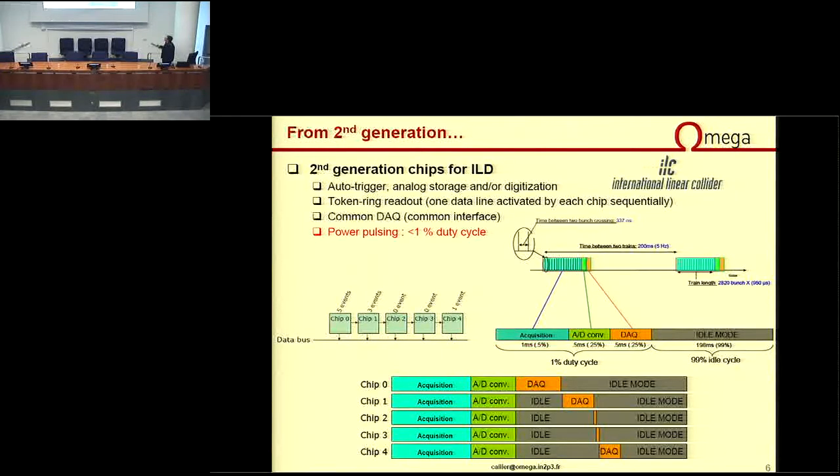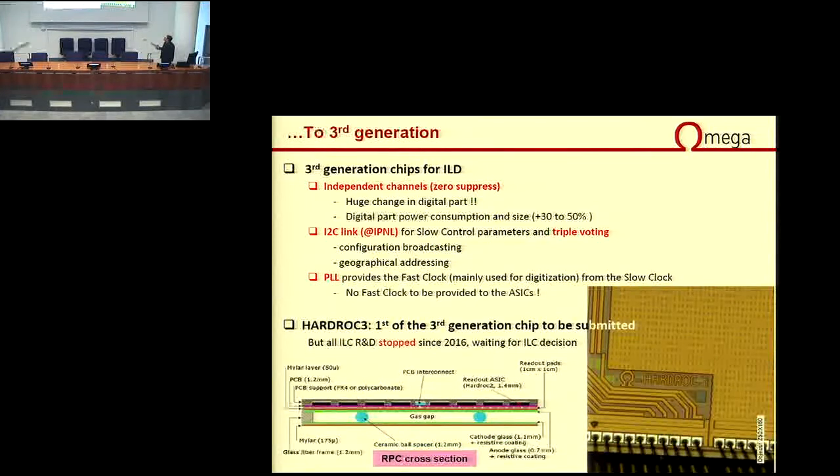And they have a common DAQ. If you have a DAQ for HARDROC, you can read out SKIROC or SPIROC, because we benefit from the bunch structure of the ILC, which has events during 1 millisecond, and then for 199 milliseconds there is nothing.